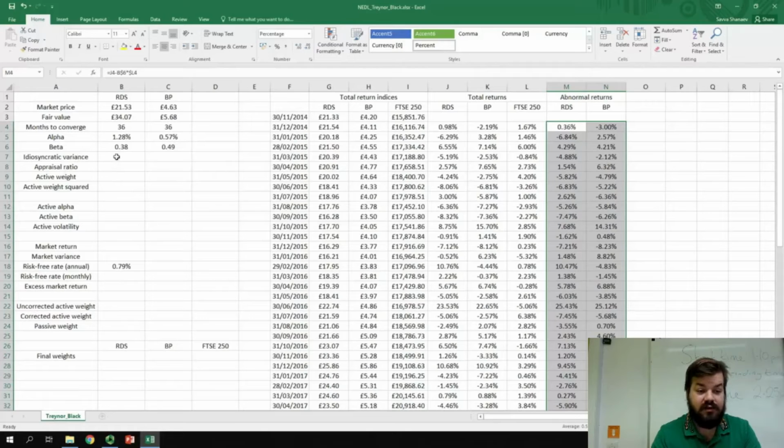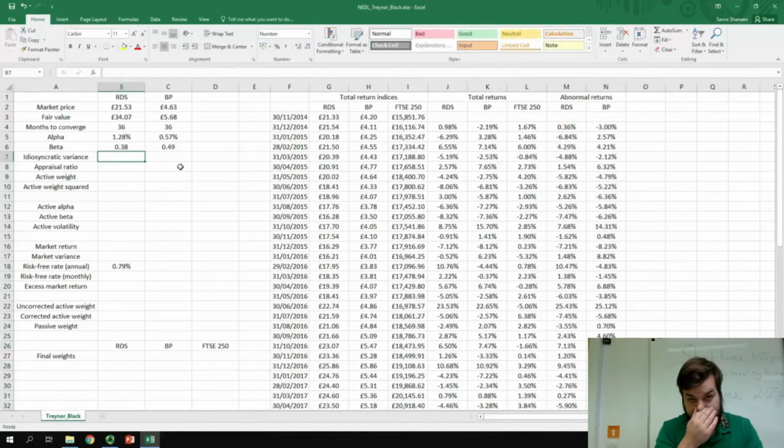Now we need to calculate idiosyncratic variance. Idiosyncratic variance is called so because it is the variance of the abnormal return. Variance, or risk in finance, consists of two main parts: systematic, the part of the risk that is attributable to broad market movements, and idiosyncratic, the part of the risk that is inherent to this particular company, that is associated with events that happen within the company that are impactful for this stock alone.